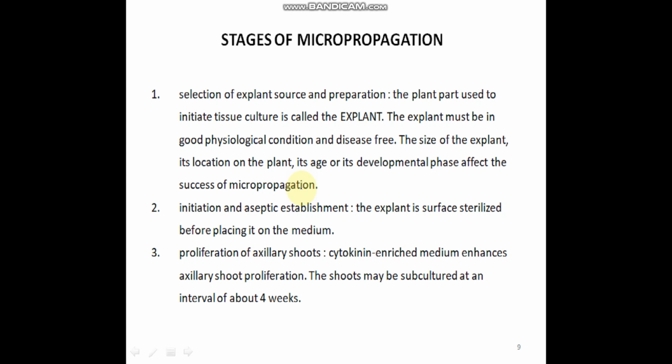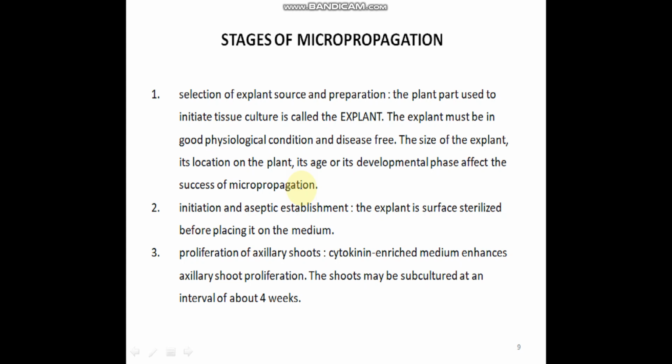Next one, once you have put them on the medium, we are going to proliferate. Proliferate here means multiply. So basically in that media you put cytokinin enriched media, and then you will see growth. However, you will need to subculture at an interval of 4 weeks.